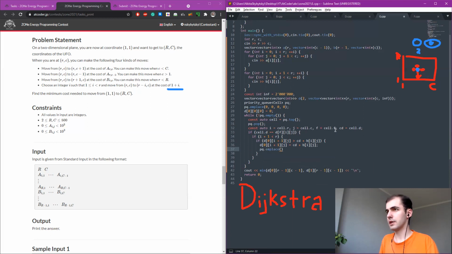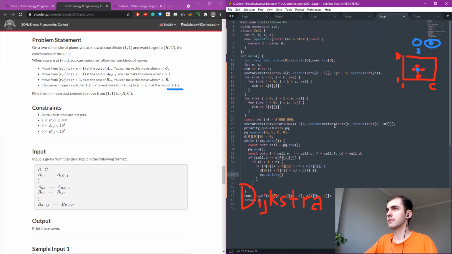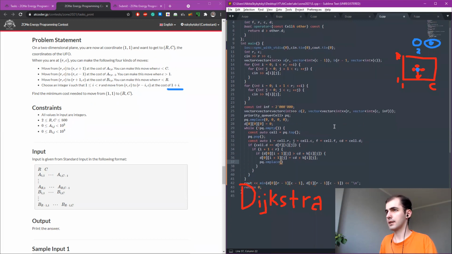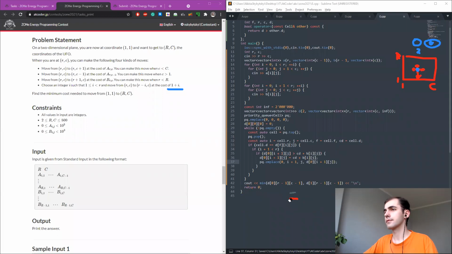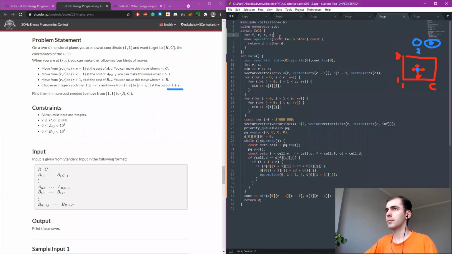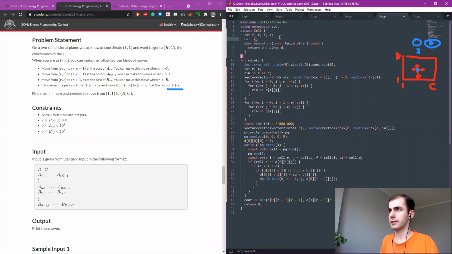Here we want to place flag 0 and row, then column, and then cost. I believe it requires a constructor in such cases. You also don't need these underscores, but whatever.